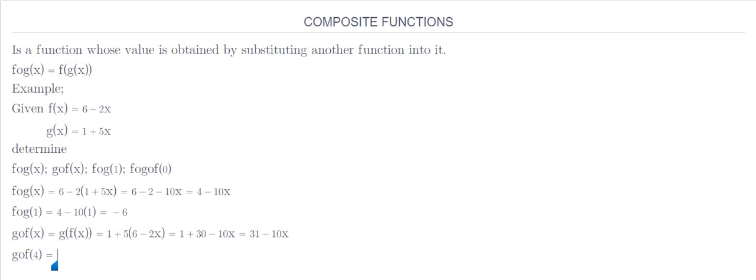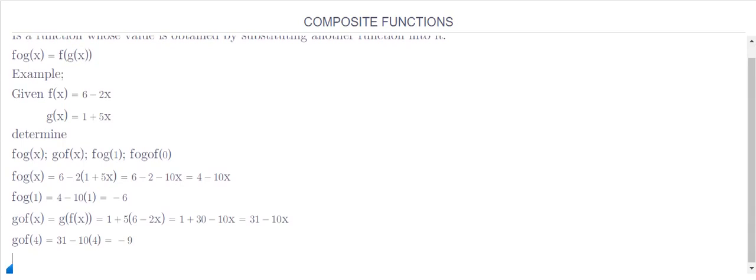It means in case you've been told to find g of f of 4 without being told to find g of f of x, you must first get g of f of x as your first step. Because we already have our g of f of x, we're just going to substitute the x there by 4. So put there 4, and that is going to be given as 31 minus 40, and that is minus 9.